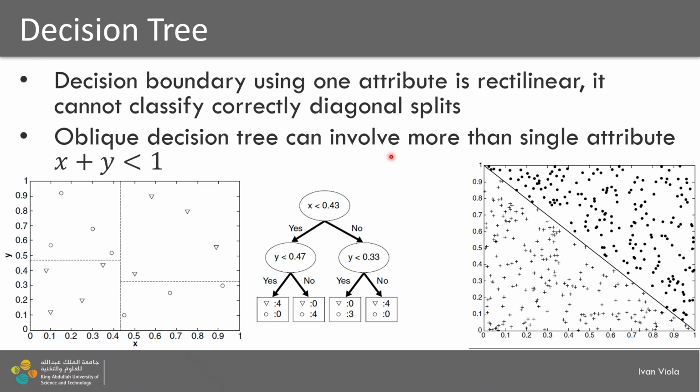They do not involve a single attribute in their node, but will have several attributes expressed in their nodes. So there will be more of a rule, a mathematical formula forming the decision. And in such a case, we can create a decision boundary which will be diagonal.